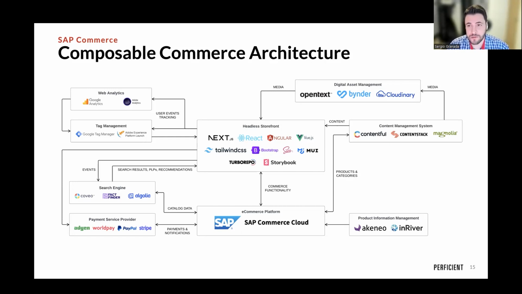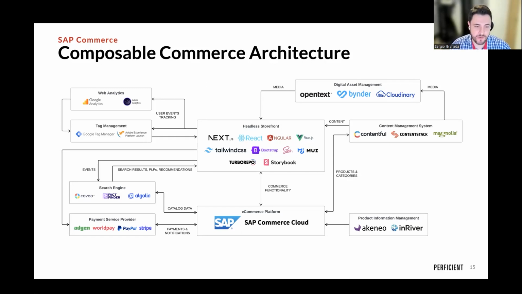You don't have to stick with certain CMS solutions, like in the case of the DXP or in the case of the Smart Edit and SAP Commerce. You can choose Contentful, for example, a headless CMS, or Content Stack, which, by the way, have integration with SAP Commerce for product and categories. Also, you don't have to stick with Solr.